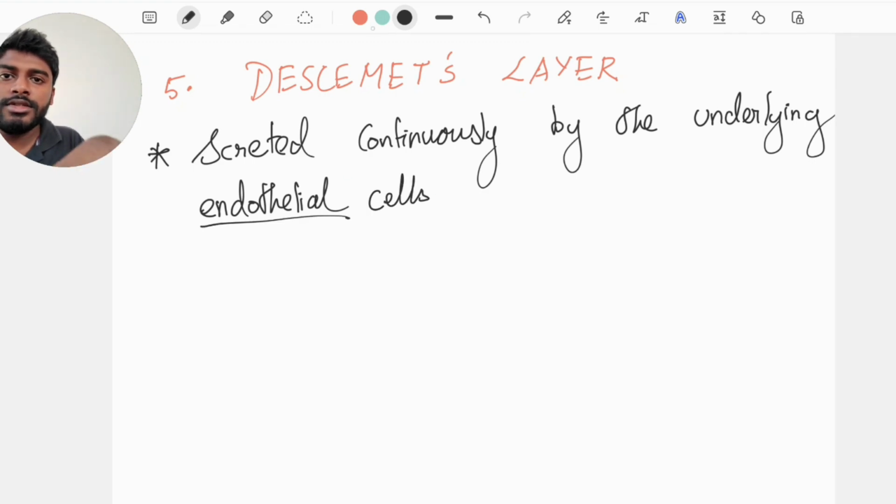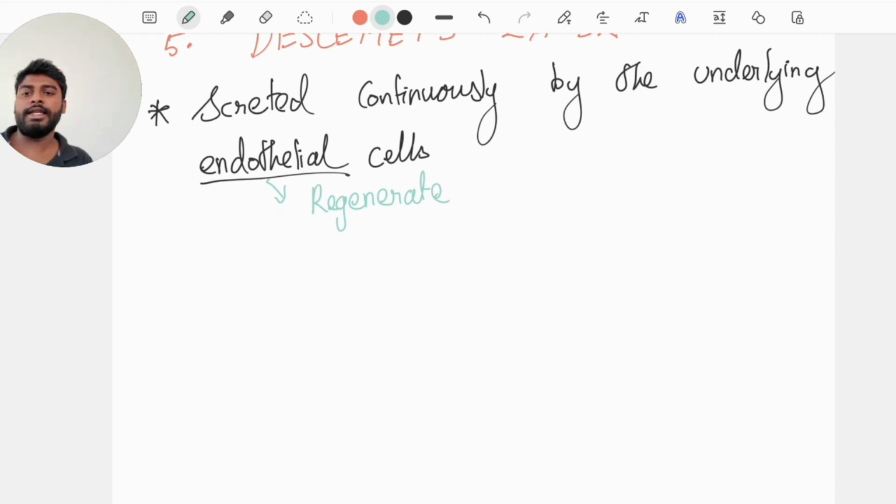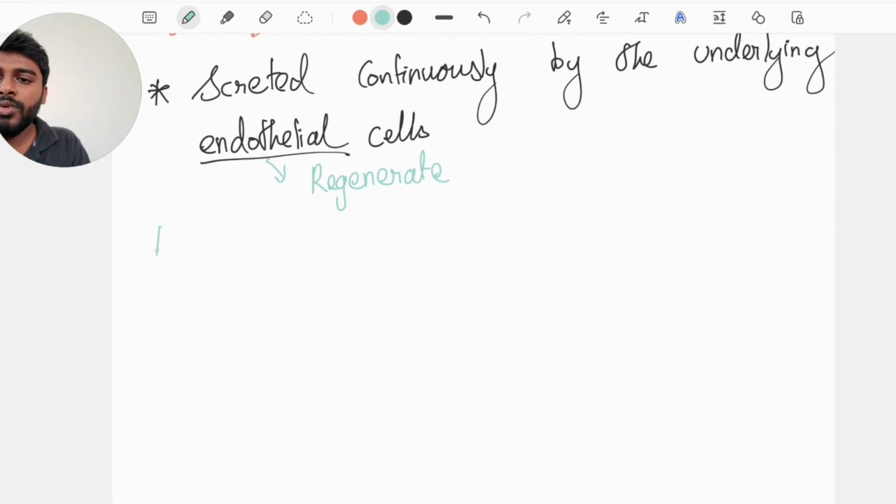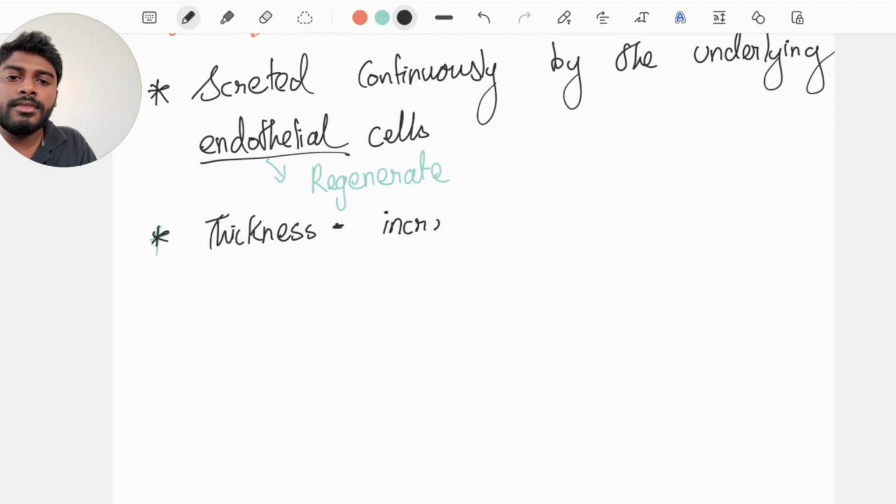These cells can undergo regeneration, so if any damage happens, this layer can regenerate. The thickness of this layer increases throughout life.